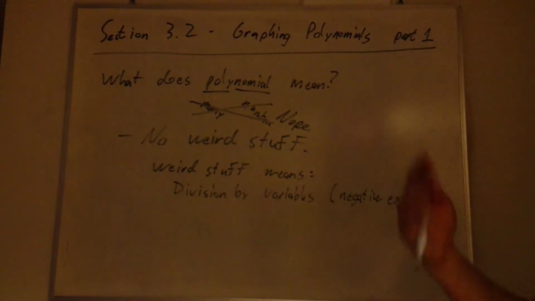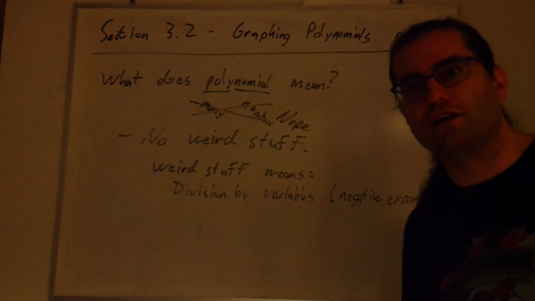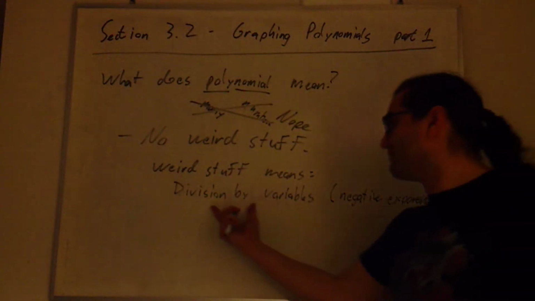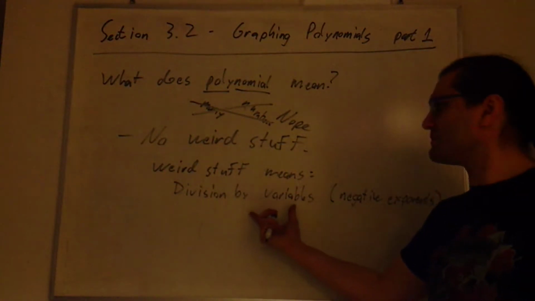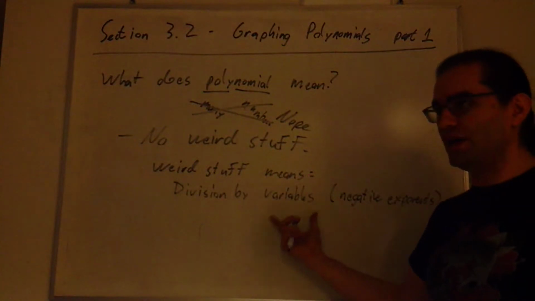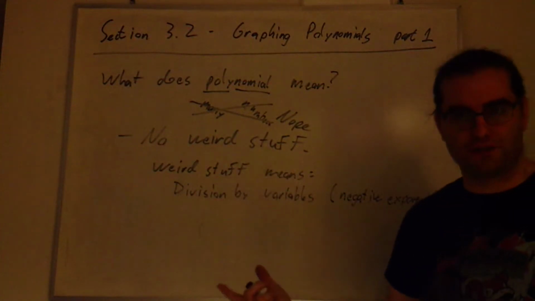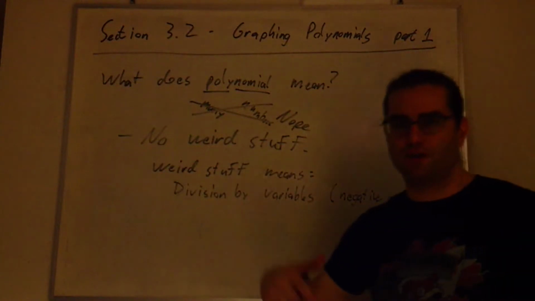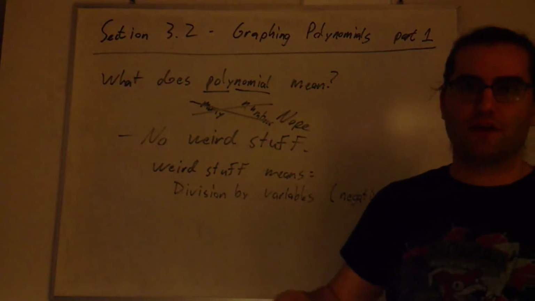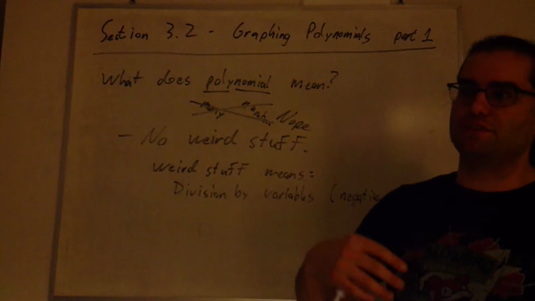It was literally 5 minutes ago for me and I've already forgotten. But when you have that division by variable thing happening, you get domain restrictions. So in that video we had an x plus 10 in the denominator of this expression, and that means that we have a domain restriction.